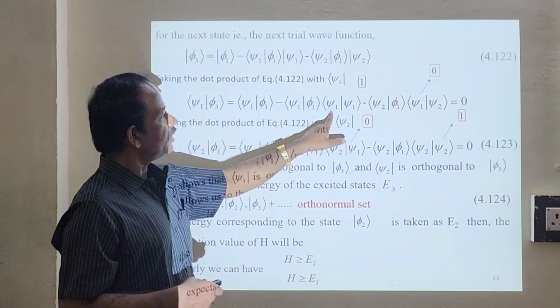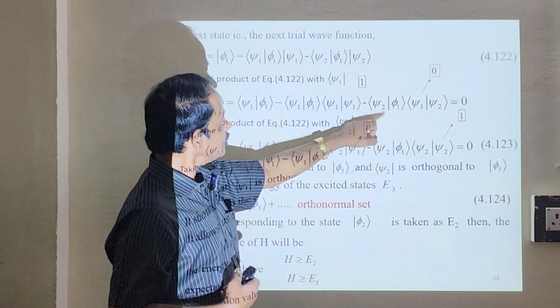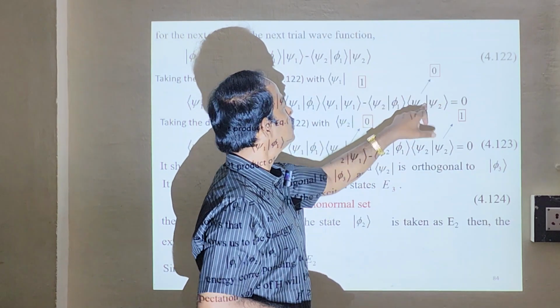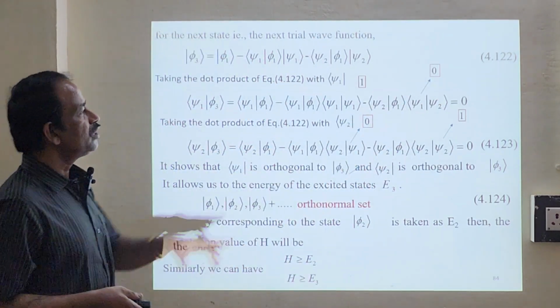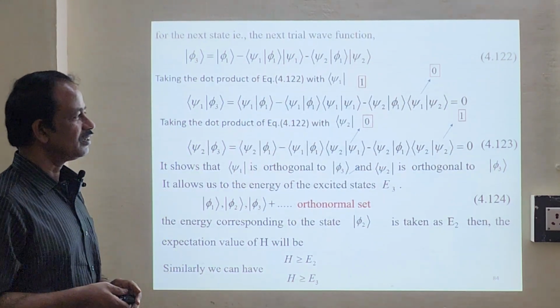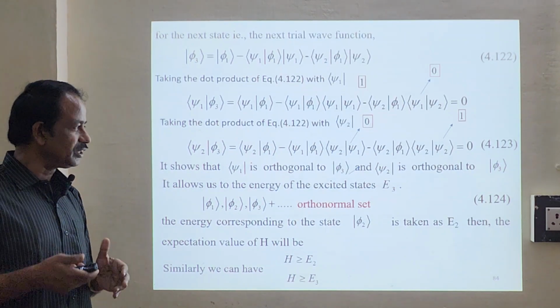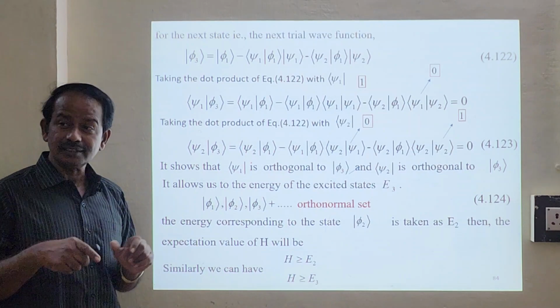So that's why psi 1 phi 1 is here. Psi 2 phi 1, again it's a number I have pulled out. So this one will be psi 1 psi 2. What is psi 1 psi 2? This is equal to 0. If it is equal to 0, this term will not appear. Correct? What is the answer? This will be 1. So this minus this 0. So if psi 2 phi 3 is equal to 0, it implies that psi 2 and phi 3 are orthogonal to each other.